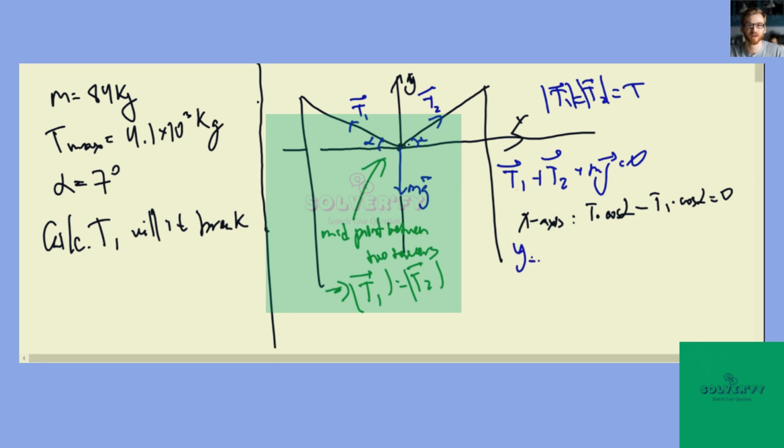And if we write down the projection onto the y-axis here, we see that 2T times sine alpha, so basically the sum of these two projections, equals mg.